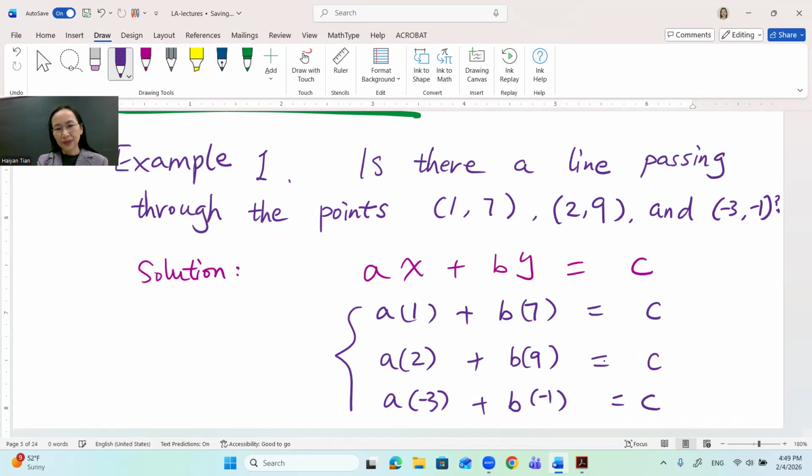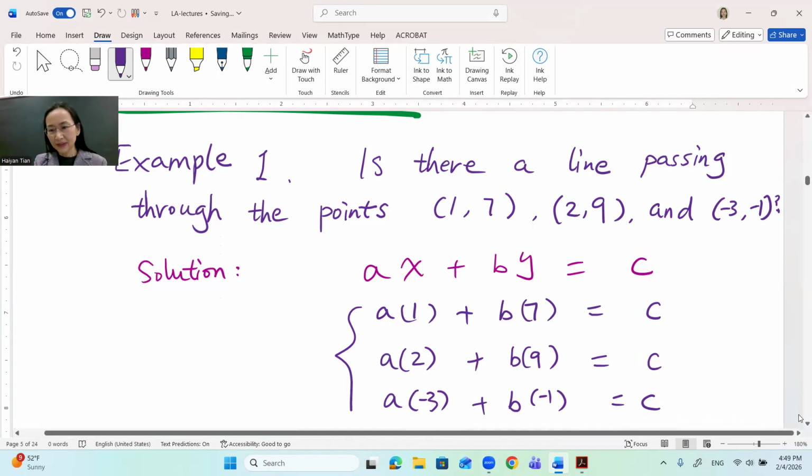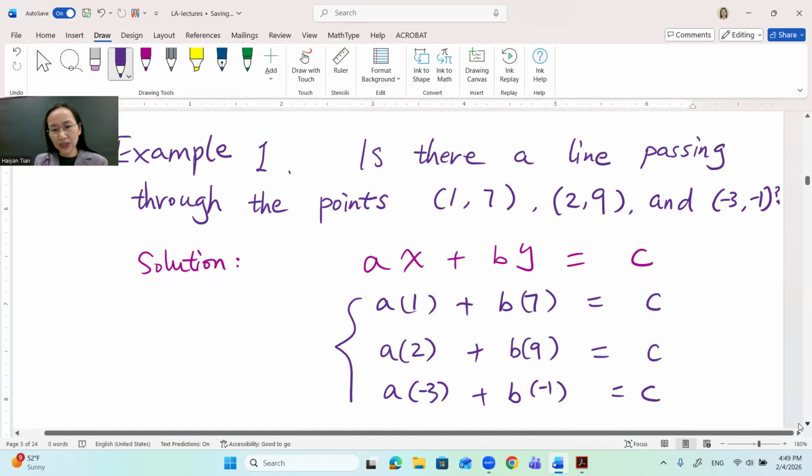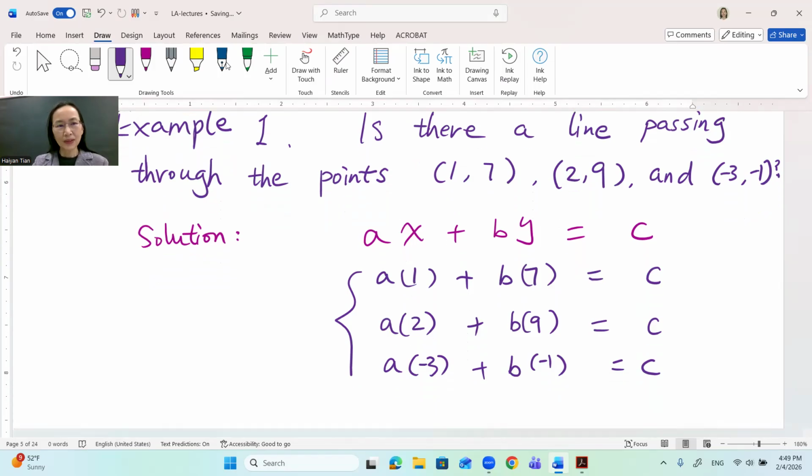So this is the system. Each equation comes from the condition that the line will pass through a point. When the line passes through the first point, we get the first equation.